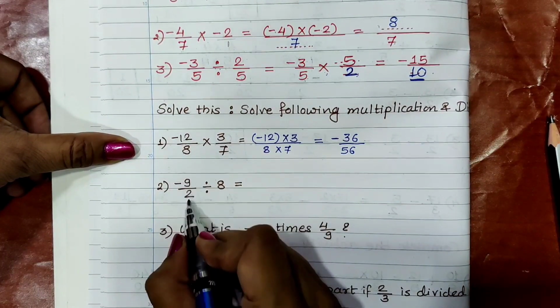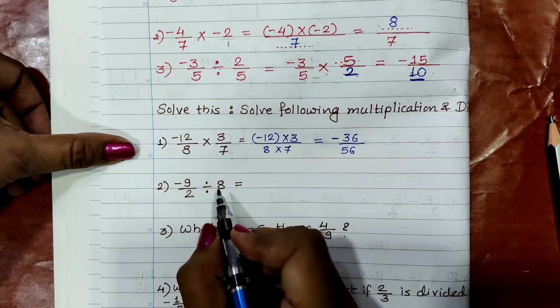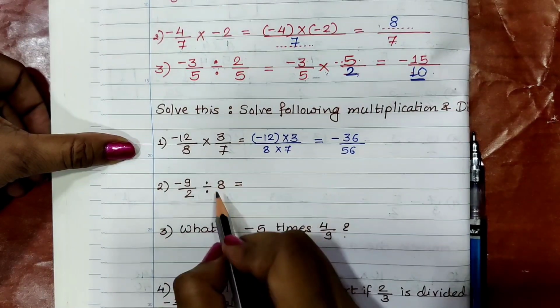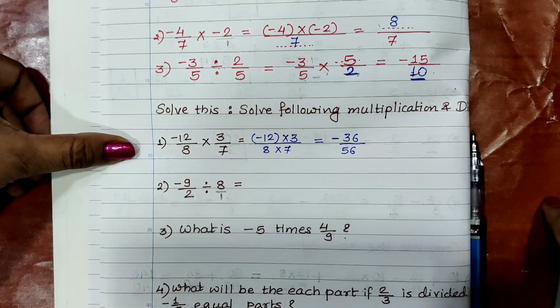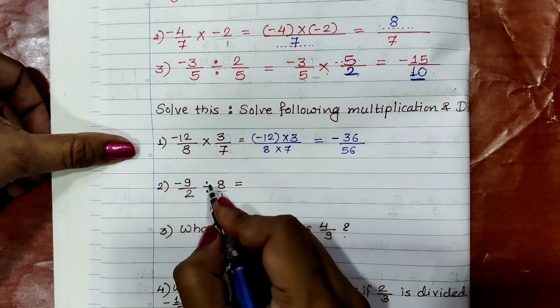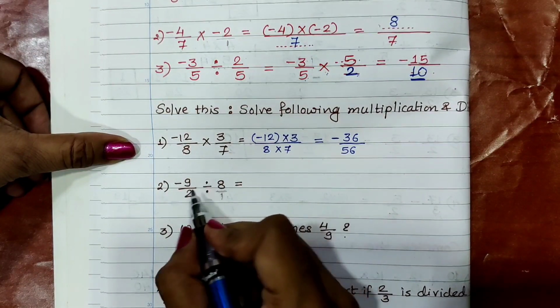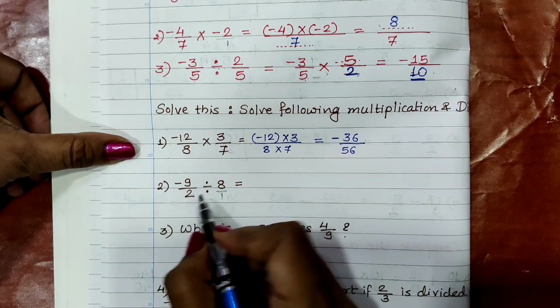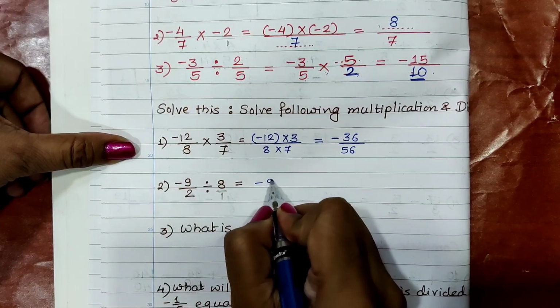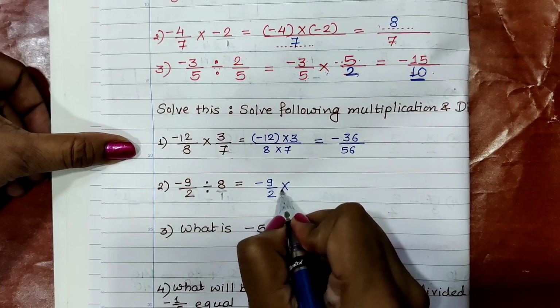Now the next number is minus 9 upon 2 divided by 8. 8 means 8 upon 1. We all know that. 8 means 8 upon 1 always. Now there is division, so we have to convert this division into multiplication. For conversion of division into multiplication, what we have to do? We write the first rational number as it is, minus 9 upon 2. In place of division, we write multiplication.